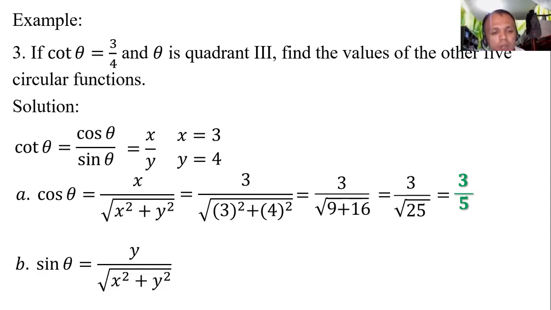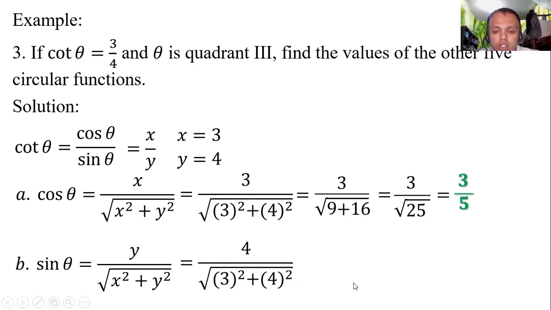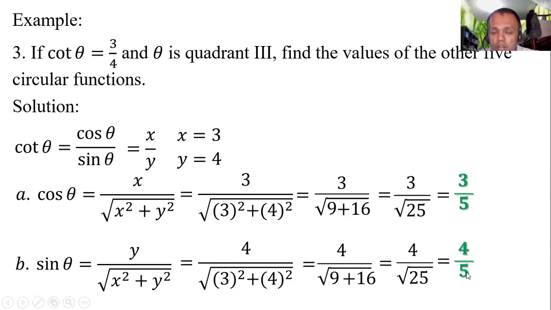Next for sine theta naman, we will use this formula: y over by square root of x squared plus y squared. Substitute your x to 3, your y to 4 again. 3 squared is 9, 4 squared is 16, 9 plus 16 is 25, square root of 25 is 5. So you have 4 over by 5.